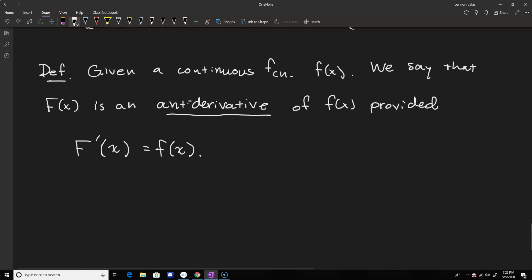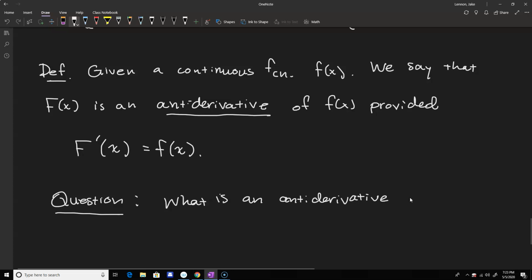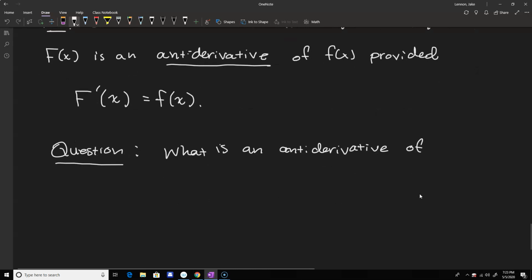So let's try and think of a simple example and think about if we can find an antiderivative. What is an antiderivative of, let's say, little f of x equals x squared?